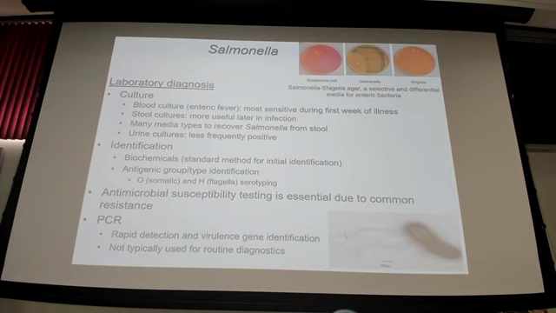Flagella. And then K, and that was capsule. Yep. So we can do some typing, particularly with the O and H antigens. Resistance is an issue, so when you grow up those cultures, you can pick those colonies and set up ASTs. And then PCR is possible, but not routinely used for diagnostics.